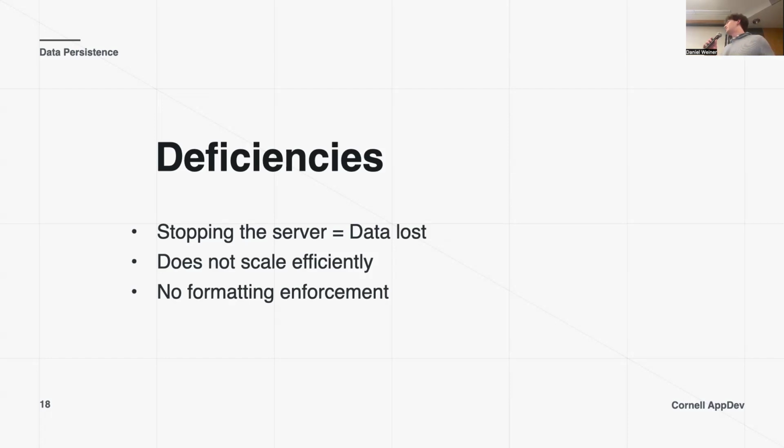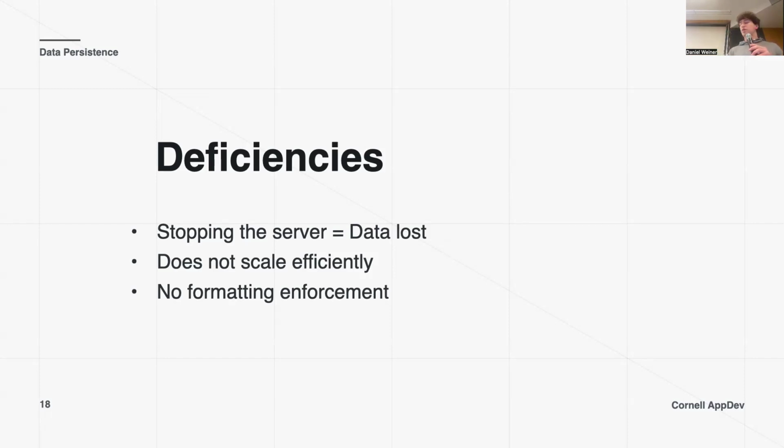The other thing is that it doesn't scale as efficiently. It's very time-consuming and hard to continually keep adding new pieces of information or new fields to the dictionary. And there's also no formatting enforcement. Without formatting, things can get kind of chaotic and, in other words, less efficient. Those are some of the deficiencies with the data.